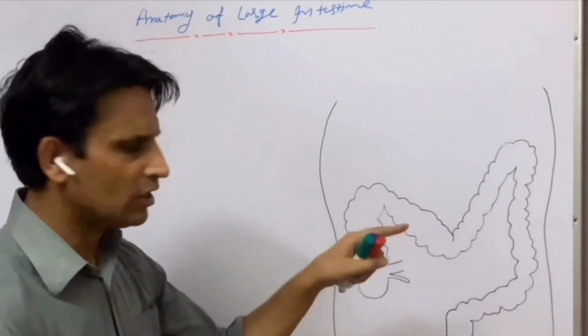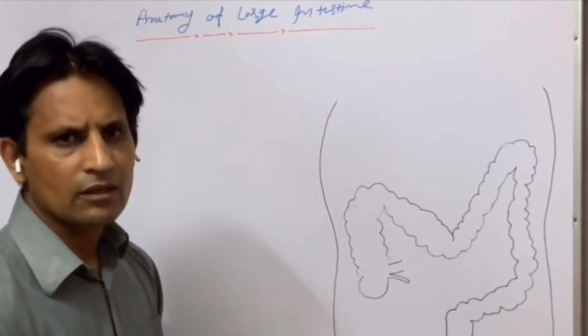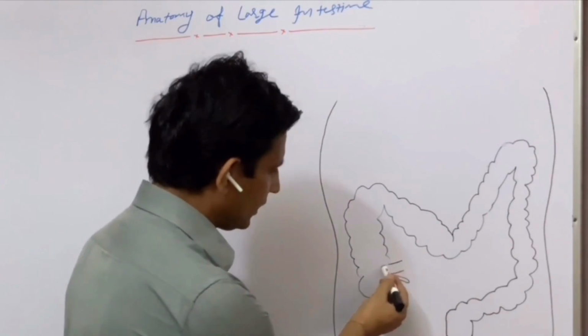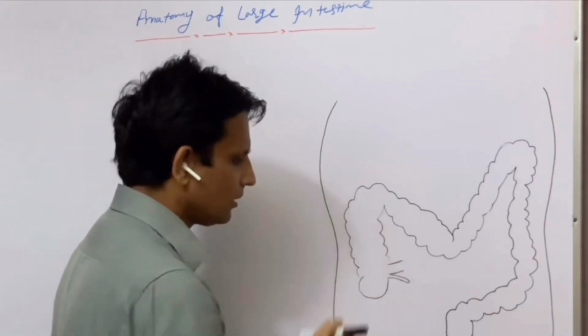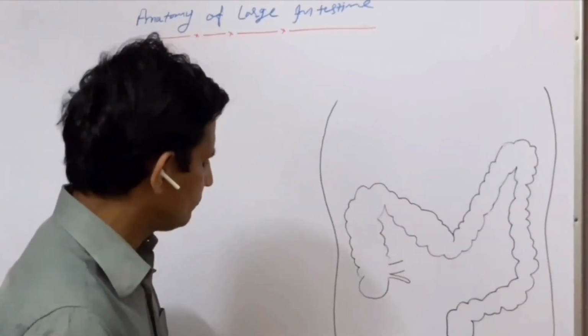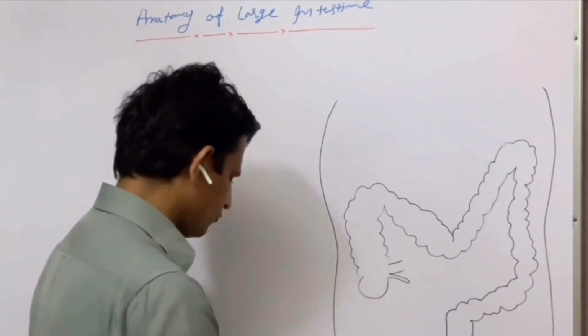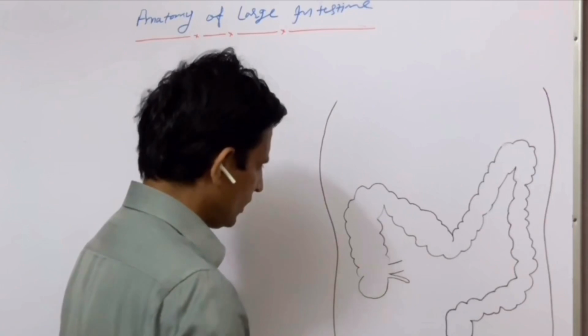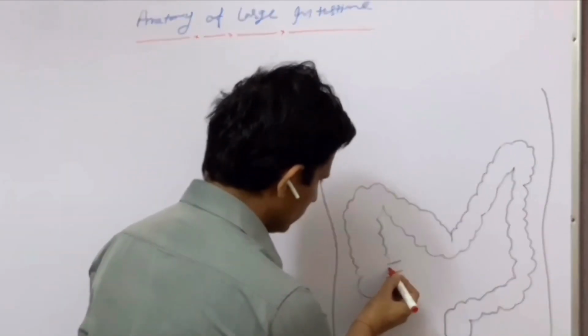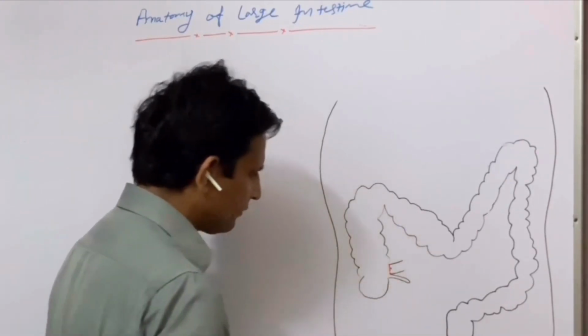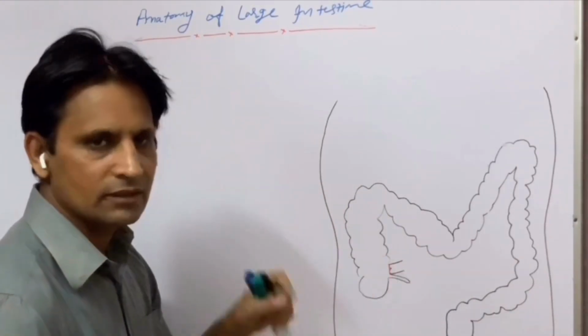So the last part of the small intestine was the ileum, and this ileum enters into the large intestine, or connects with the large intestine. From this point, there is a junction between the small intestine and the large intestine.